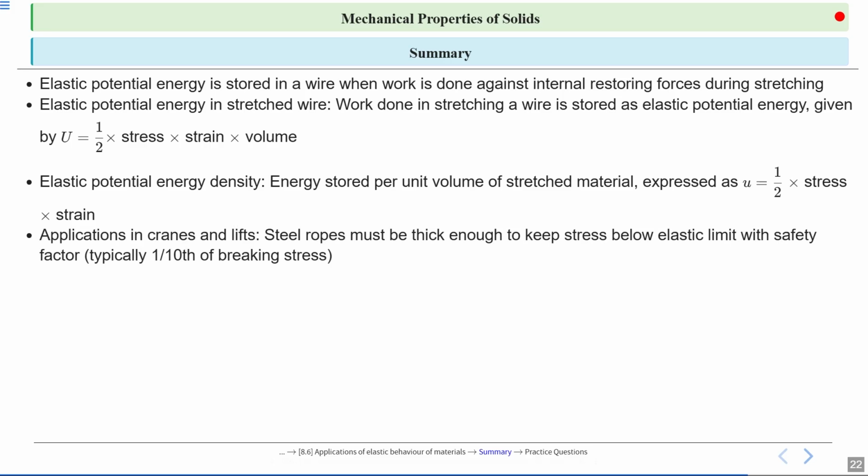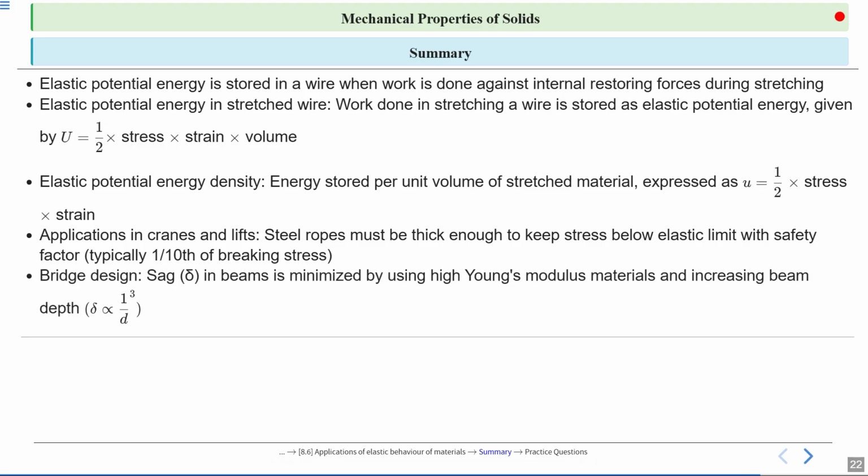Applications in cranes and lifts: steel ropes must be thick enough to keep stress below elastic limit with safety factor. Bridges design: sag in beams is minimized by using high Young's modulus material and increasing beam depth.